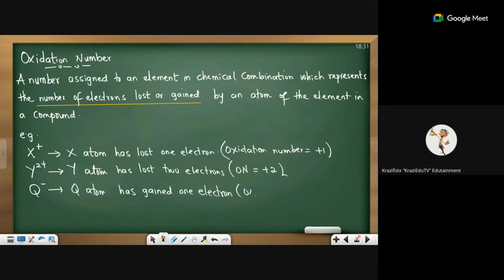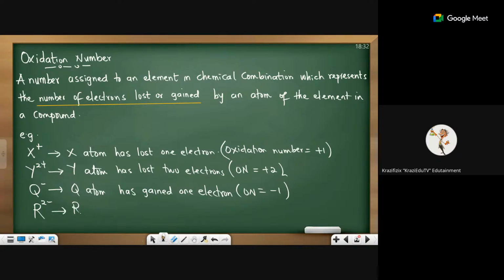The oxidation number is negative 1. If I write, let's say R 2 minus, check what I'm writing, not minus 2, 2 minus.